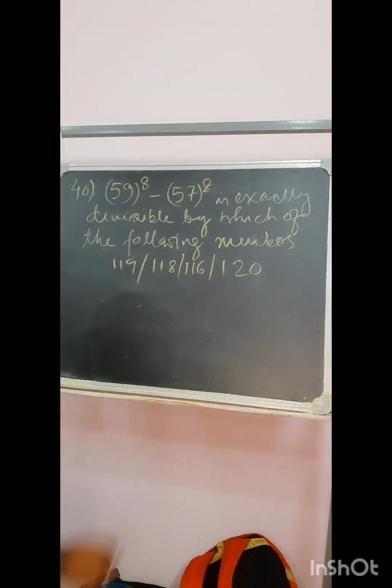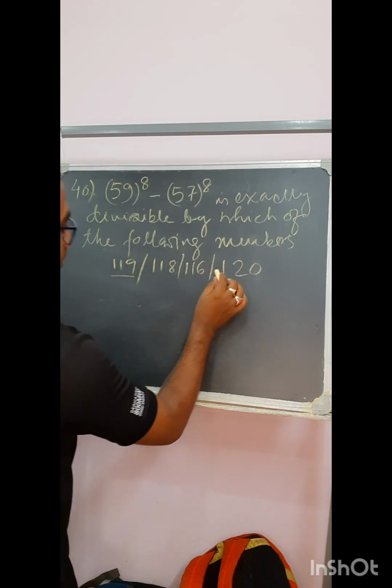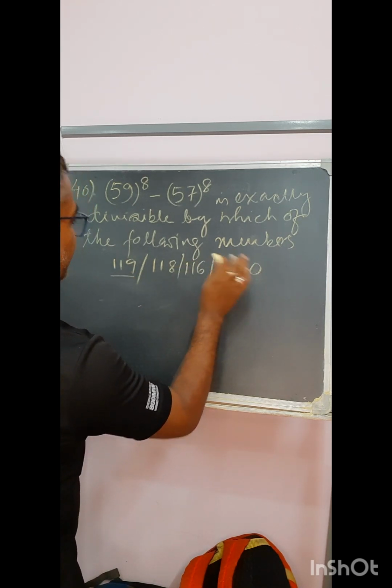Out of these numbers, which could be the perfect divisor, that means which would be one of the factors of this.